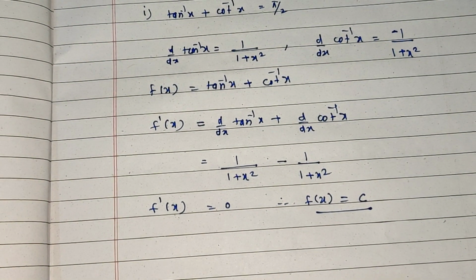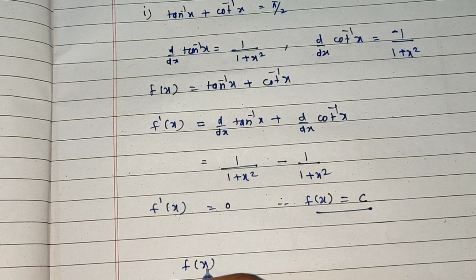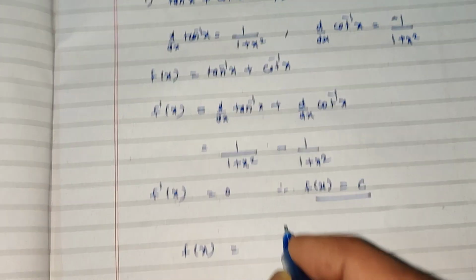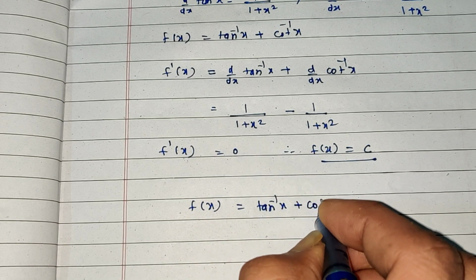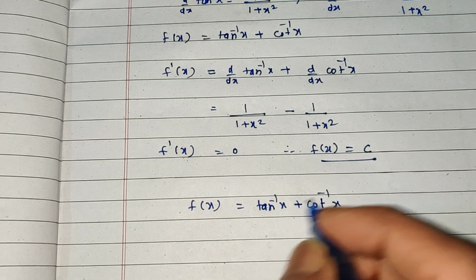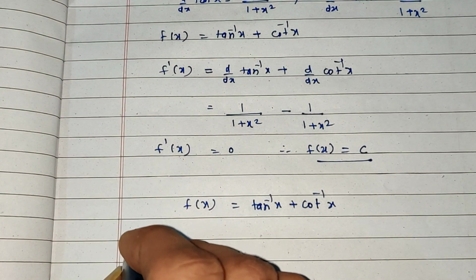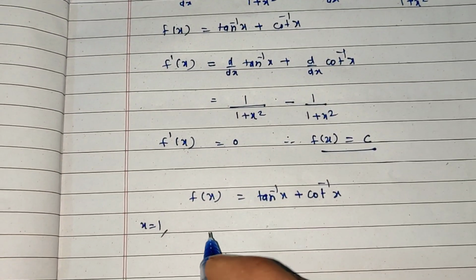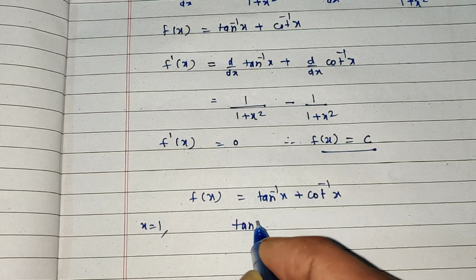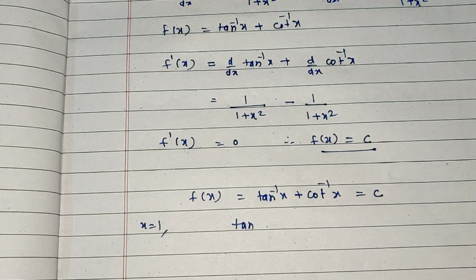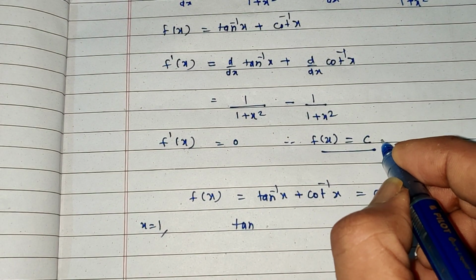Now our f(x) is equal to tan inverse x plus cot inverse x. Suppose we put x is equal to 1. Then tan inverse of 1 plus cot inverse of 1 is equal to c. F(x) is equal to c as we said.